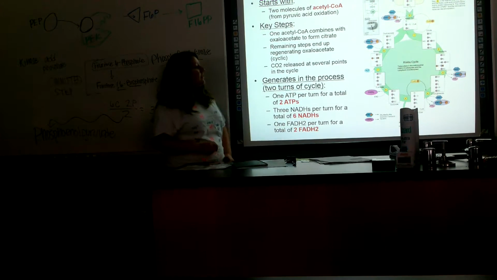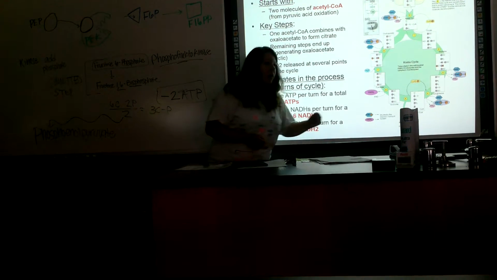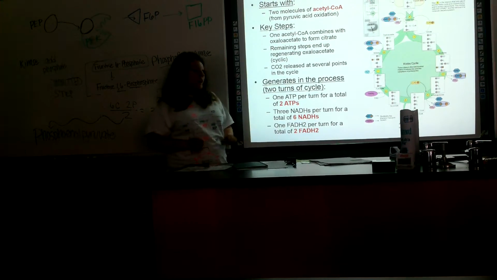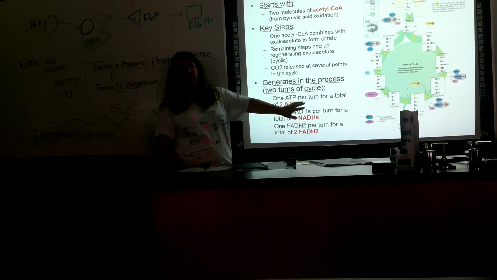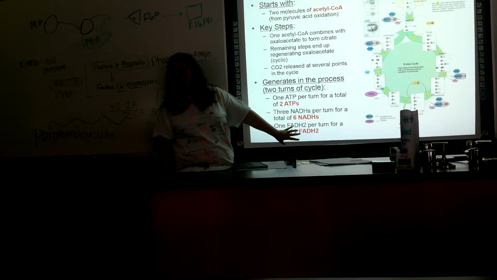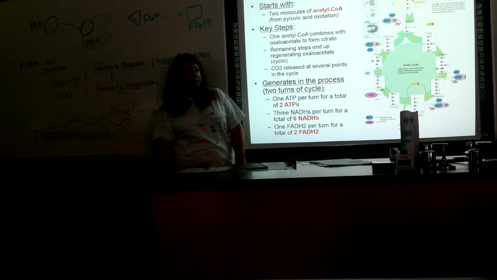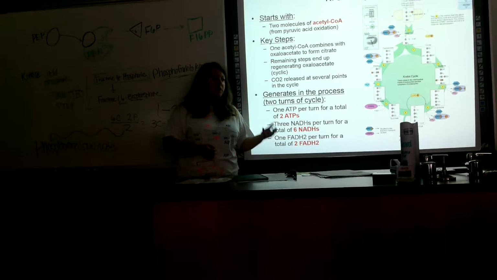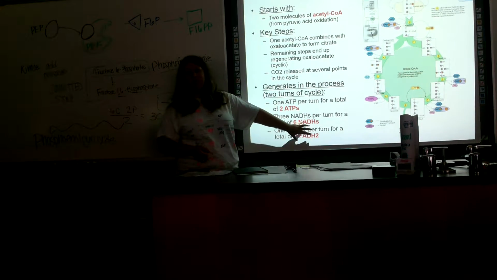So if I were to give the Krebs cycle a middle name, I would call it Krebs reducing power cycle. And the reason for that is because we are gaining a ton of electrons in the form of reducing power. So gain electrons, reduce. Lots of things are being reduced here.